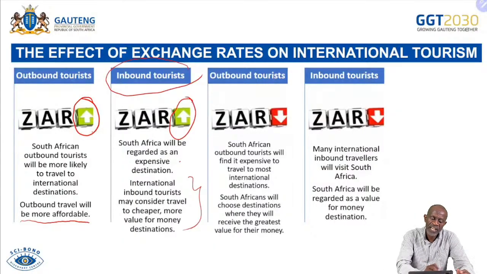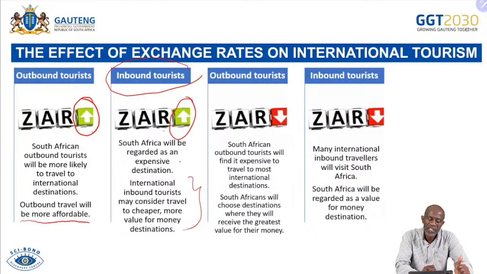That is the effect when the rand is strong for both outbound and inbound. Outbound tourists will leave South Africa and they will buy products and goods from foreign countries at a cheaper value, whereas those who are visiting South Africa will find South Africa an expensive destination.